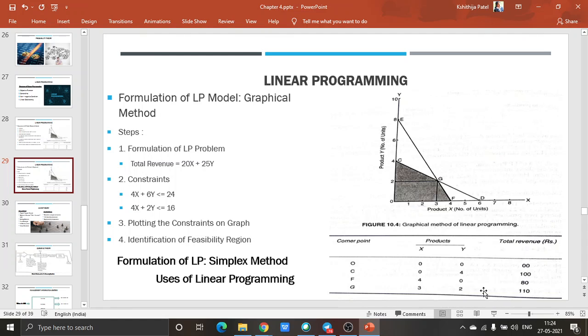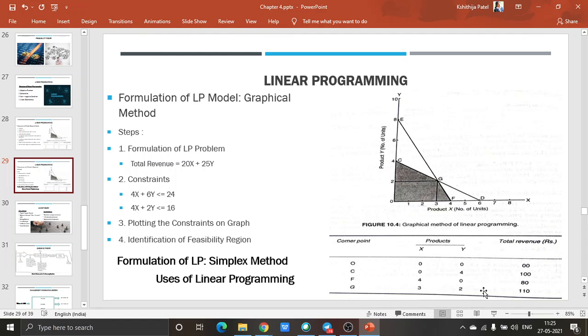So this is how we reach the solution under the linear programming graphical method. Now in linear programming we have the second one, that is the simplex method. I shall tell it very briefly.